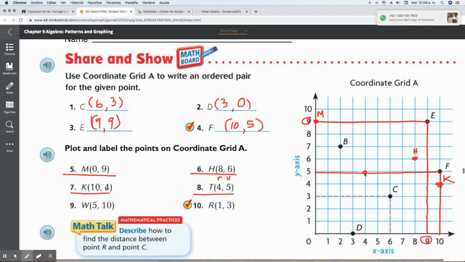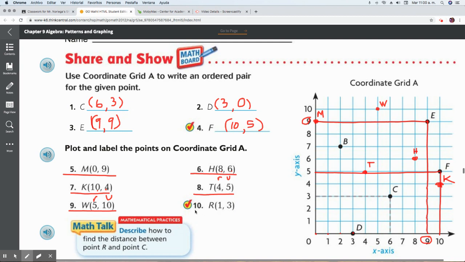We plot the point and we label it with the letter T. All right, number 9, W, 5 steps to the right, 10 steps up. 1, 2, 3, 4, 5, and 1, 2, 3, 4, 5, 6, 7, 8, 9, 10 steps. So this is where letter W would be.